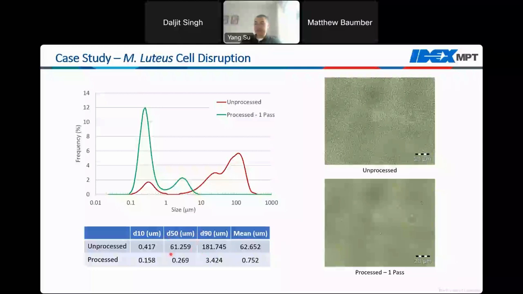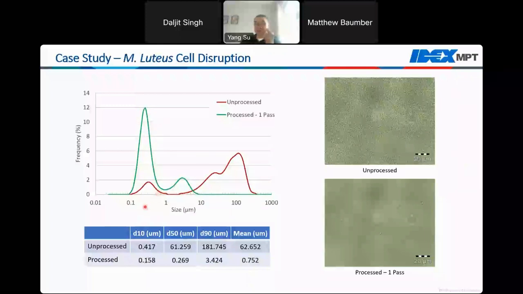So before, you can see the larger particle size distribution here. They're in the micron range. Some of the larger sizes may indicate agglomeration of the cells. And after just simply passing through the microflash processor once, you can see a dramatic reduction in the particle size. Most of the particles are now even less than a micron, which is shown by this huge peak here.